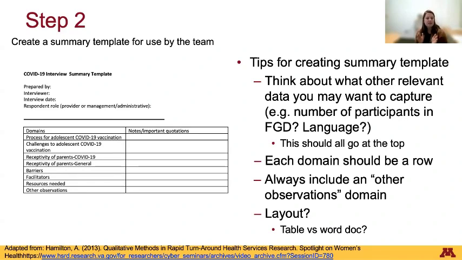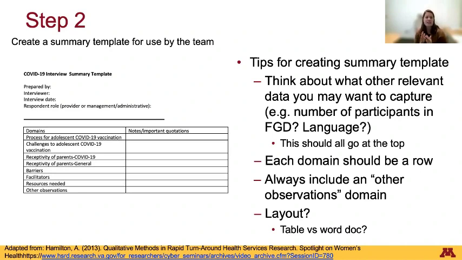I have the domains as one column, and then the other column I have as notes and important quotations. And then one thing I do want to highlight here is, you have your domains, and again, those are the short names that you've come up with that map to each question in your data collection guide. And then I always include an other observations domain here.